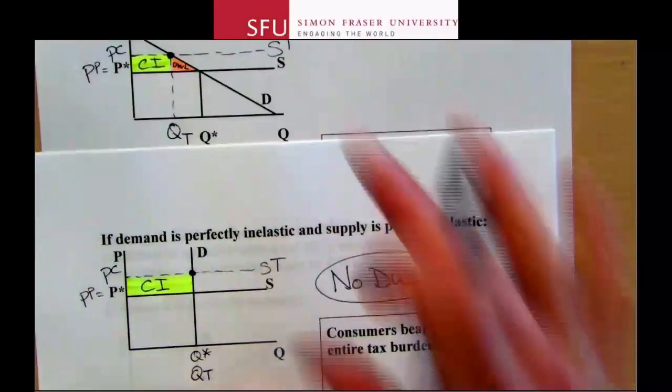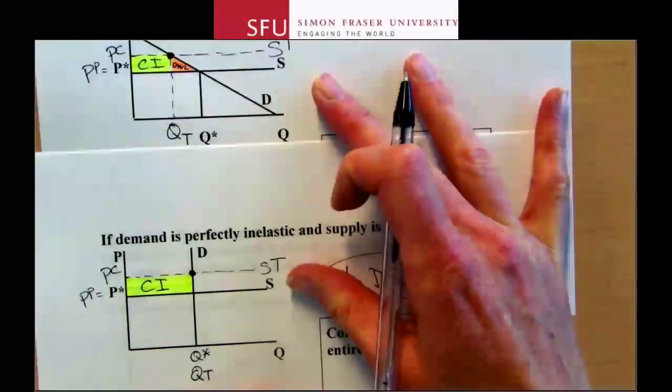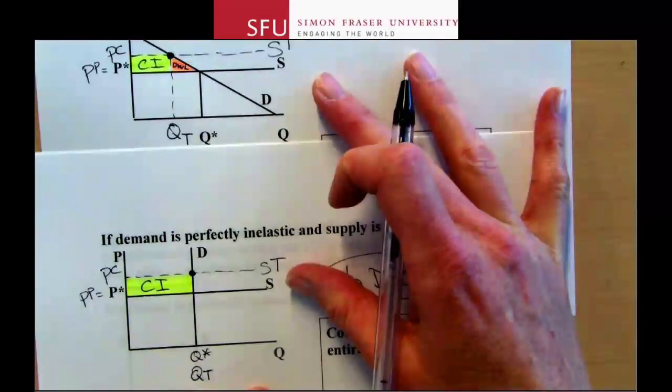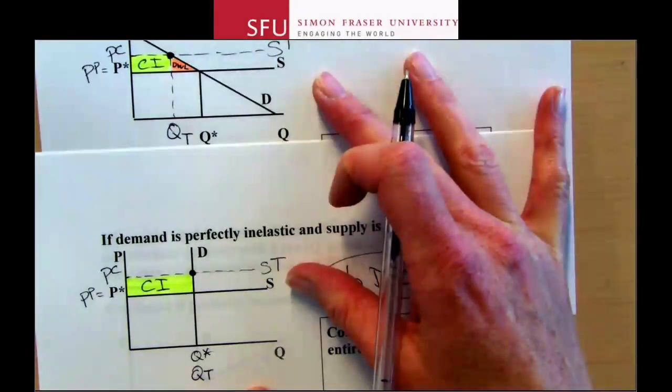So this again would be something like, say, online music or the sale of software. If the government were to impose a tax, the price would go up for the consumer, but probably not down at all for the producer.